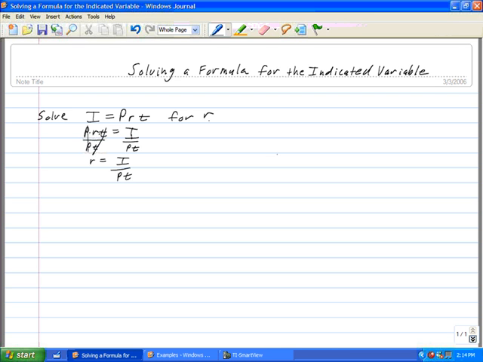Let's say we had A equals 1/2 times B times H. You might recognize that as the area formula for a triangle.